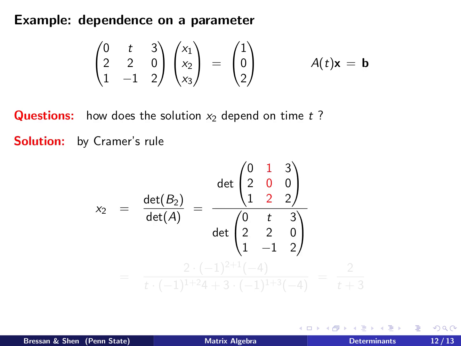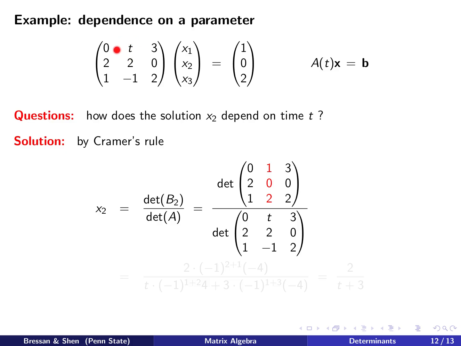Okay, let's take an example to see that this formula actually can be useful in situations where you have specific curiosity. So now let's see, we have this system here, Ax equals b. b is a constant, and then in the A matrix there is one entry which is kind of a parameter.